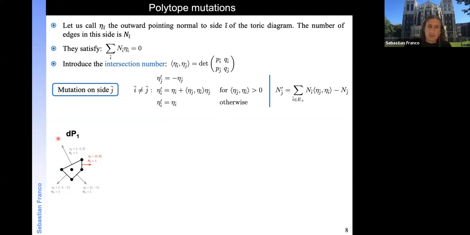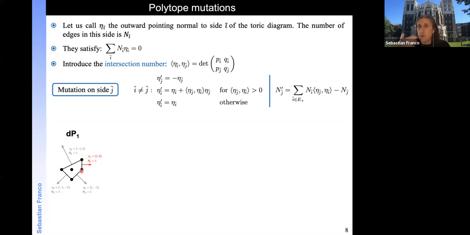So this is the toric diagram for del Pezzo 1. Every edge here has multiplicity equal to 1. I gave you the normals here. This is (1, 0), (-1, 2), and so on. And I'm going to mutate on this edge, right?